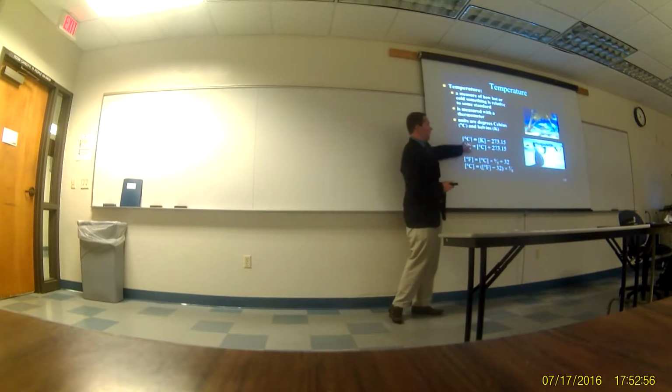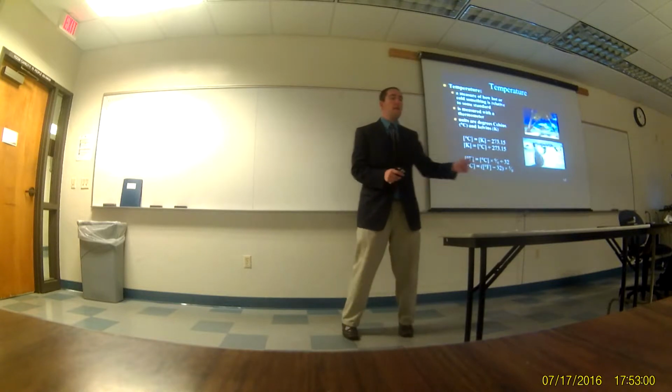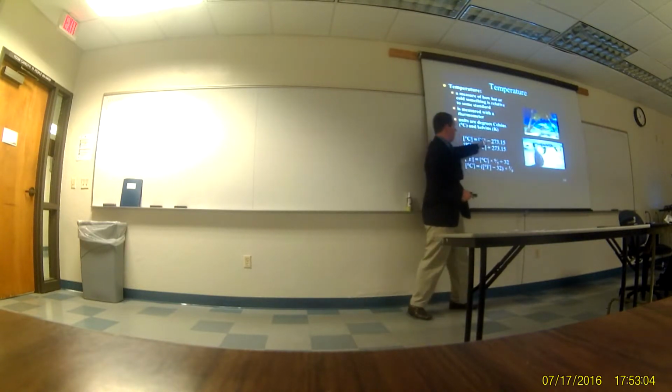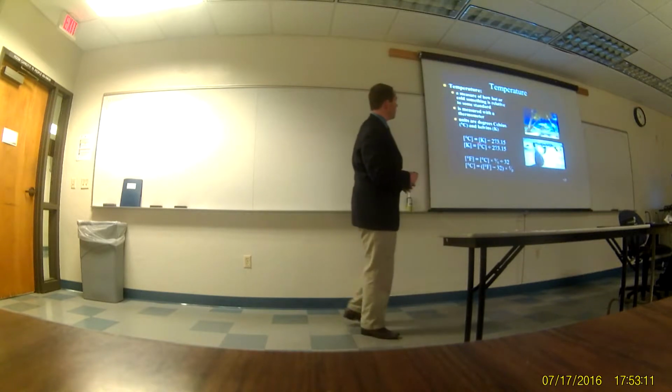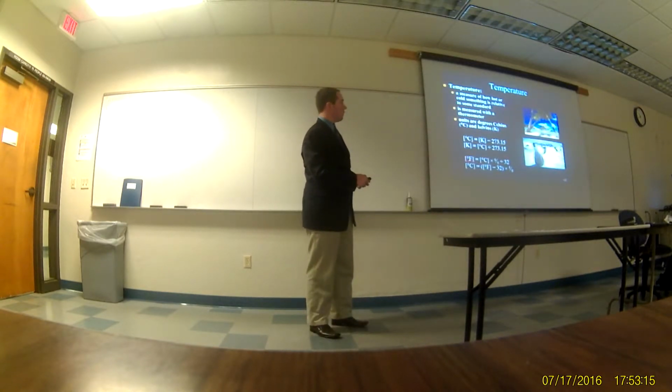So here are some conversions. These are on your cheat sheet, so you don't have to memorize them. These you probably will accidentally memorize because you'll use them so often. These you probably won't. And so you can convert between Celsius and Kelvin, and you can convert between Fahrenheit and Celsius.